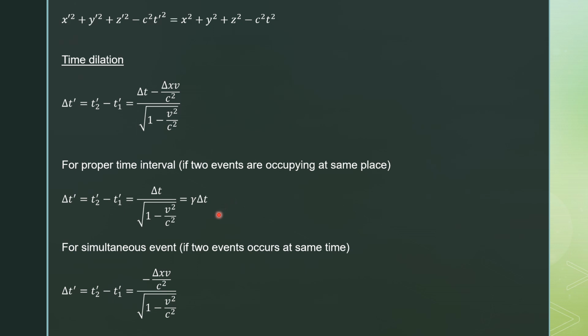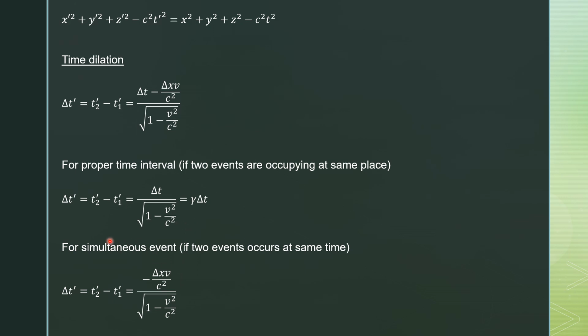So our delta t' will be t2' minus t1' is equal to delta t whole divided by root over of 1 minus v square by c square, that is equal to gamma delta t, where gamma is equal to 1 by root over of 1 minus v square by c square.